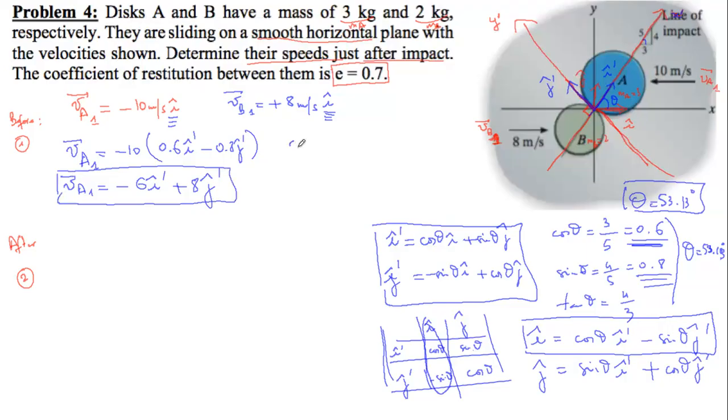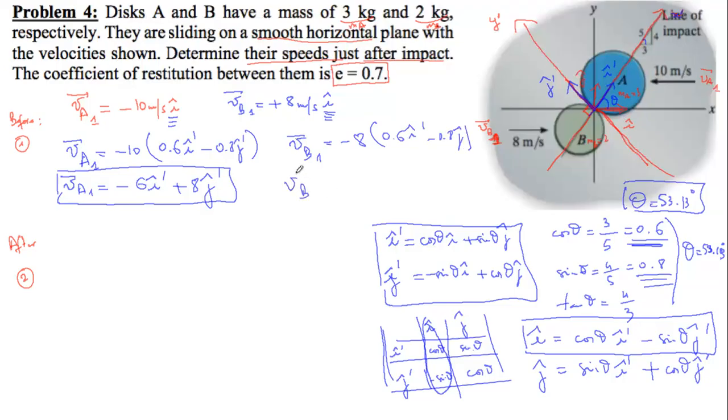I can do the same for VB1. It will be minus 8, and then I replace i prime by its value, 0.6, 0.8.